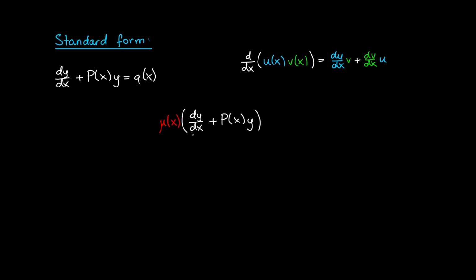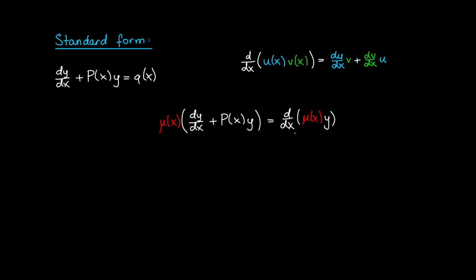So we multiply our differential equation in standard form by mu of x, and our goal is to make it into the derivative of the product of mu of x times the y function. So the derivative of a product. Hence, the product rule for differentiation is stated right here.